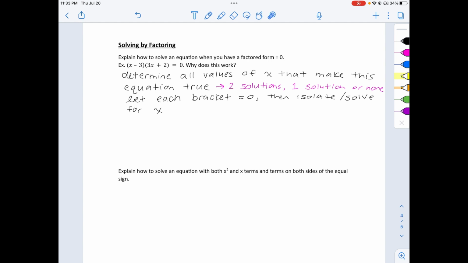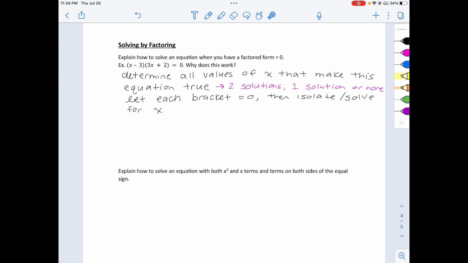So if we put in a value of x that makes the first bracket equal to 0, then we would have 0 times something. Doesn't matter what that something is, the whole thing would be 0. And similarly, if we find an x that when put into this second bracket makes it equal to 0, it doesn't matter what the first bracket's equal to, because the whole equation is 0 because you're multiplying by 0.